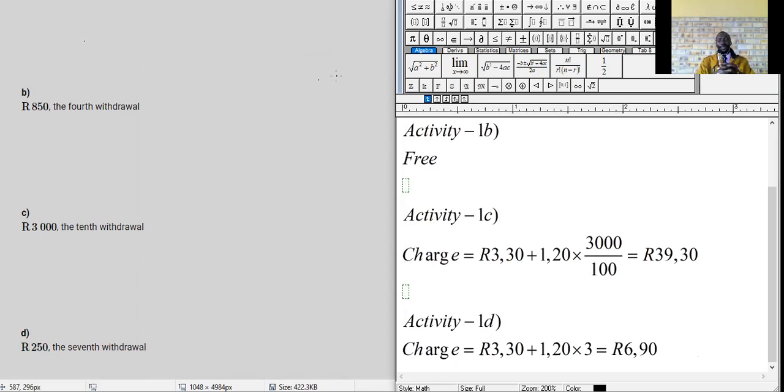So this is one way in which bank charges can be calculated. Sometimes bank charges carry the initial rate plus some value times the transactional rate. Sometimes they don't want to go too much into the transactional rate, so they will limit it a little bit.